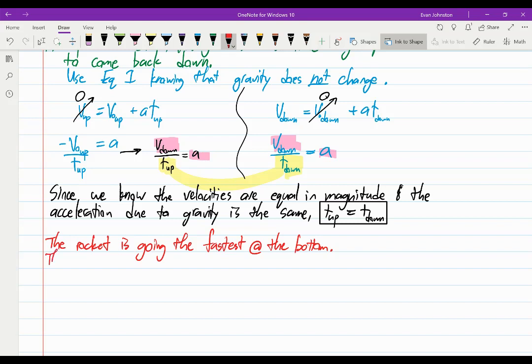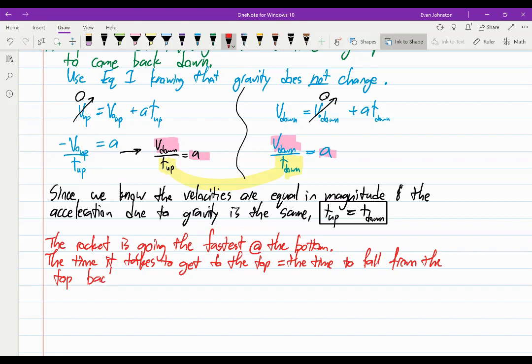We also know that the time it takes to get to the top equals the time to fall from the top back down. Okay, so that's really it.